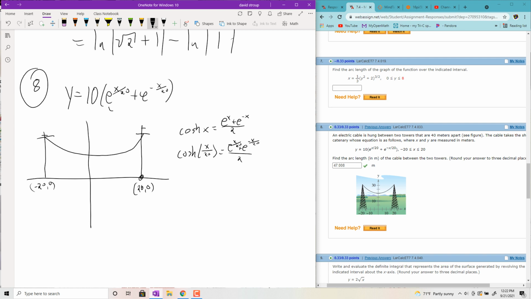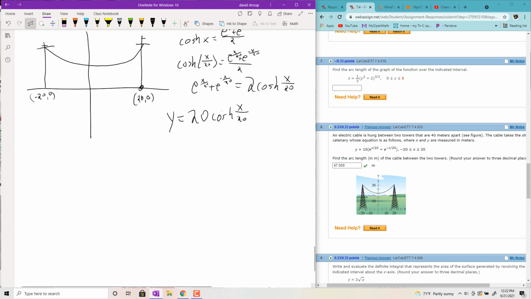So I could replace this stuff in the original equation, e to the x over 20 plus e to the negative x over 20, with 2 cosh of x over 20. And that's what I'm going to do. So my y is going to be 20 cosh of x over 20.